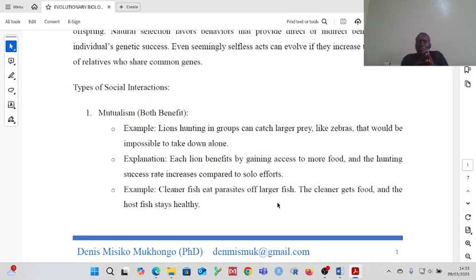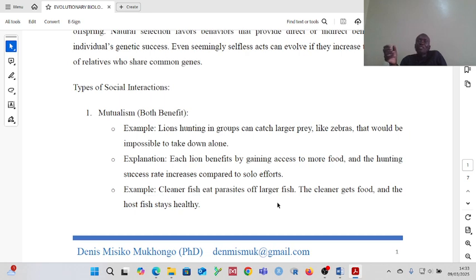We've given two examples where lions are hunting in groups. What is the benefit? They can now be able to catch bigger prey, things like zebras, buffaloes. It will be impossible, for example, for just one lion to catch a buffalo.